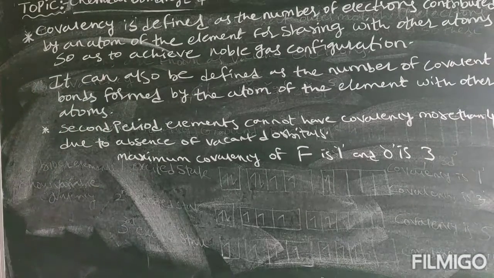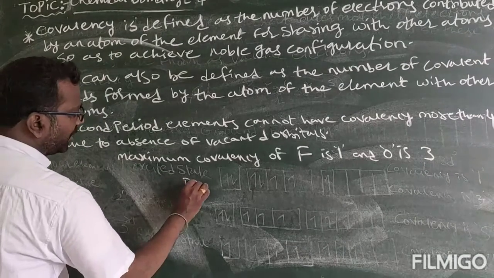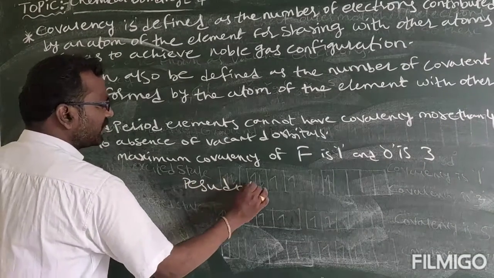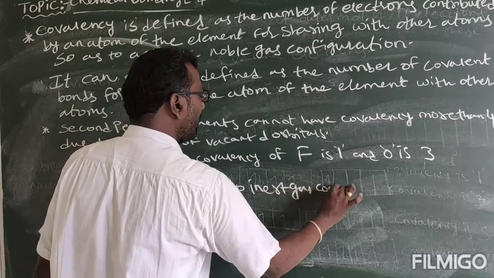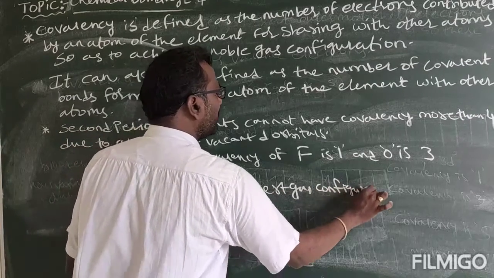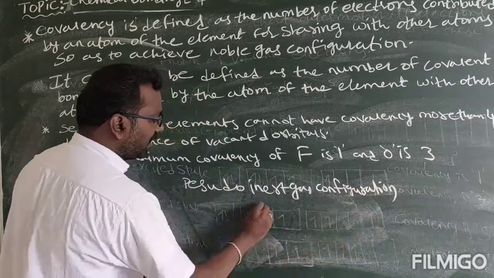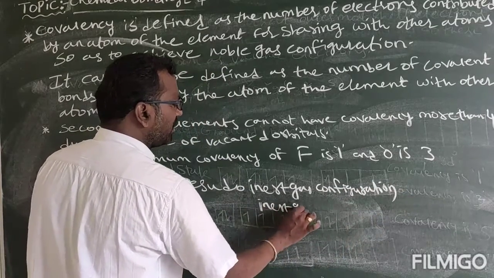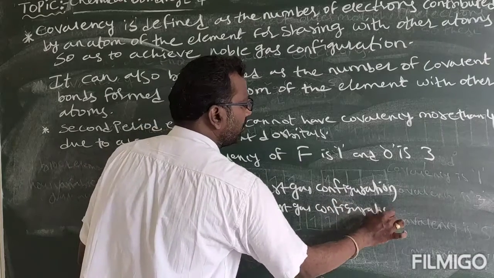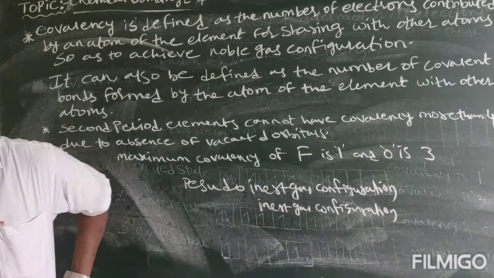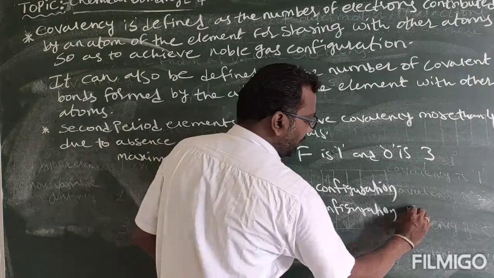And one more thing is pseudo inert gas configuration. What is meant by pseudo inert gas configuration? See, inert gas configuration means you know well. What is inert gas configuration? ns2 np6.